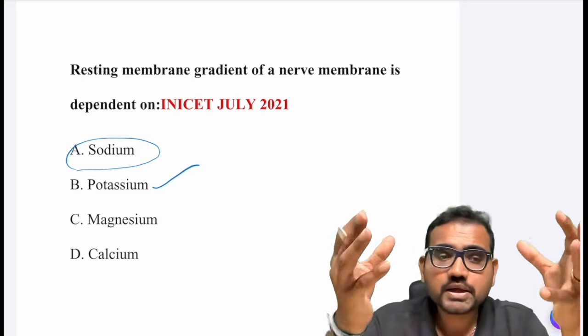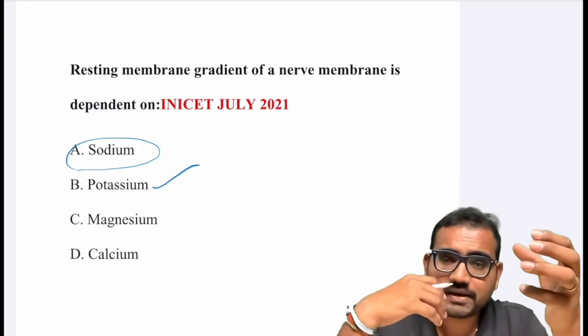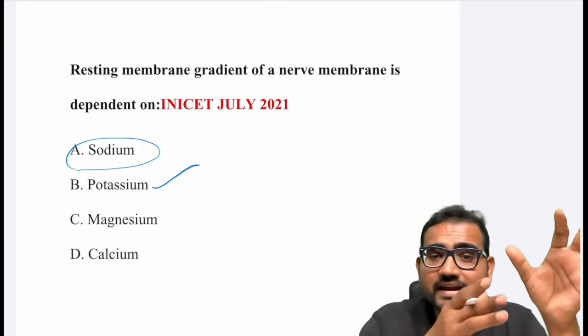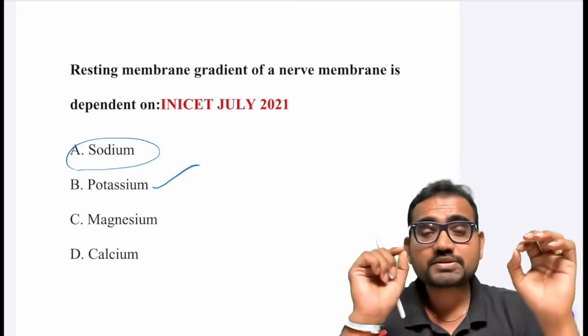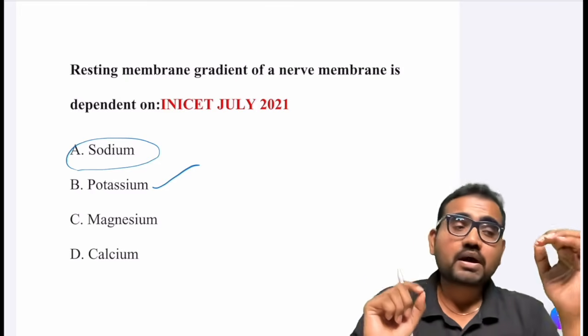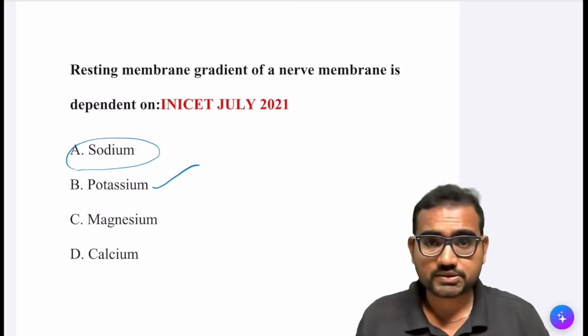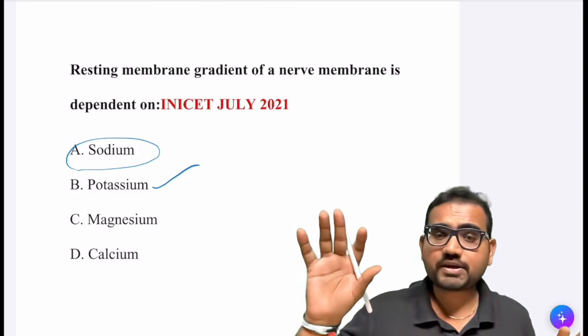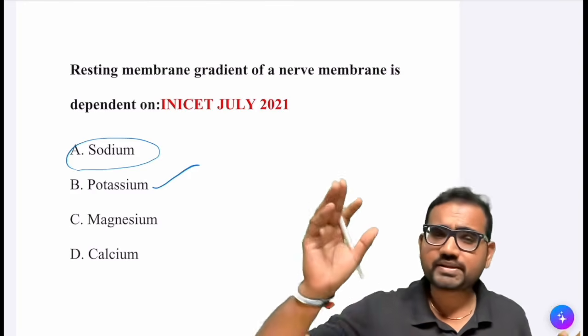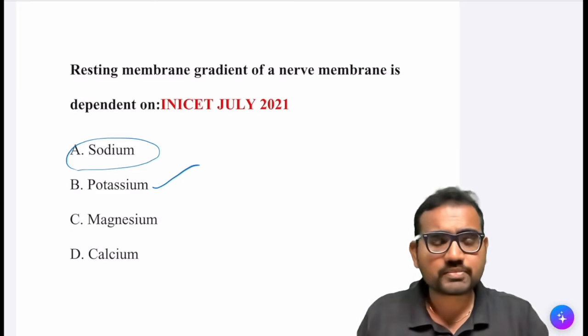Why? Because it is potassium that is pumped in, and again because of the high gradient it goes out of the cell. See, one thing you have to remember is, as I told you, there are leaky potassium channels and leaky sodium channels. Okay, so through the leaky potassium channels, of course the potassium goes out leaving the negative ions, and through the leaky sodium channels, sodium comes in.